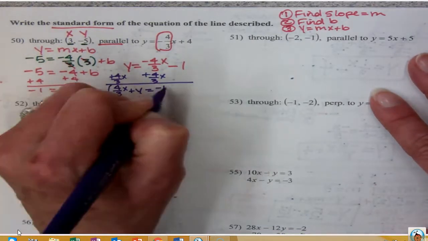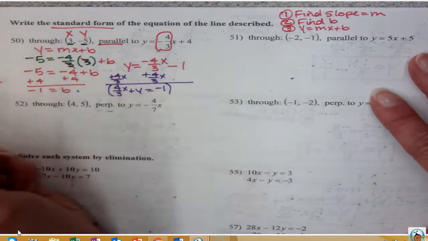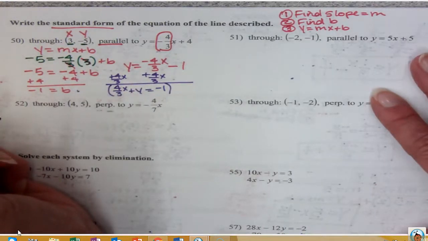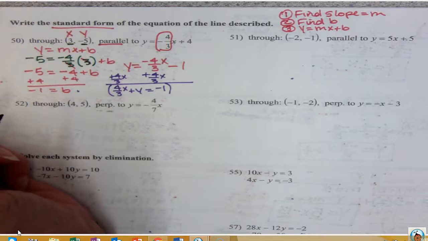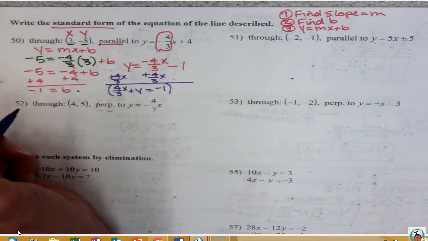So in order to get that out of fraction form, I need to multiply the whole equation, every single thing in that equation, by the denominator of that. So I'm going to multiply everything by 3.